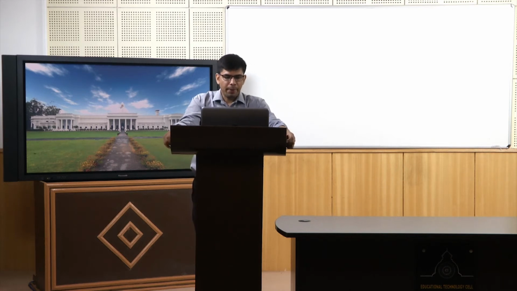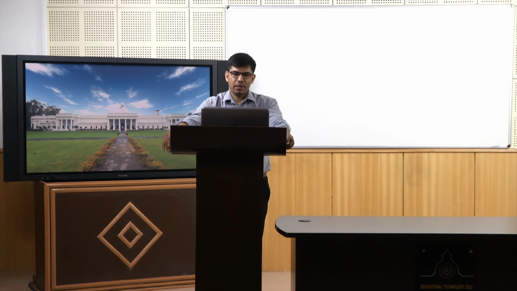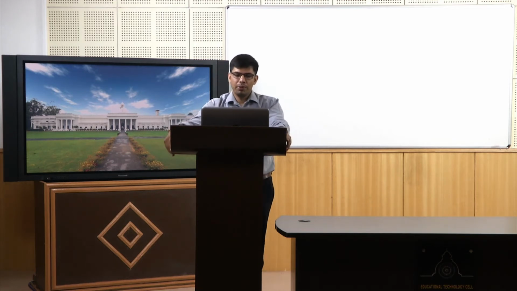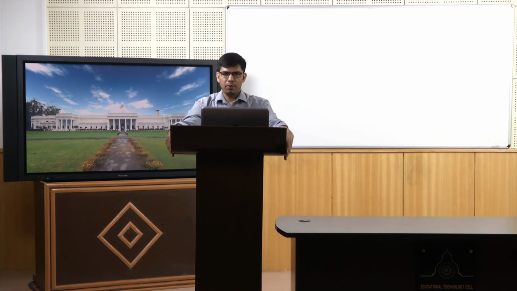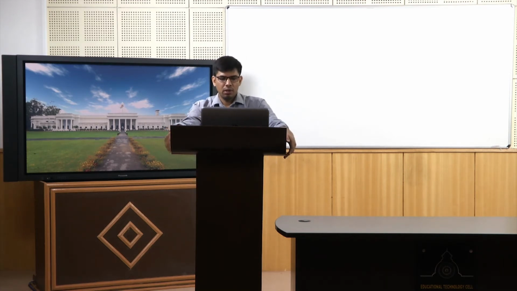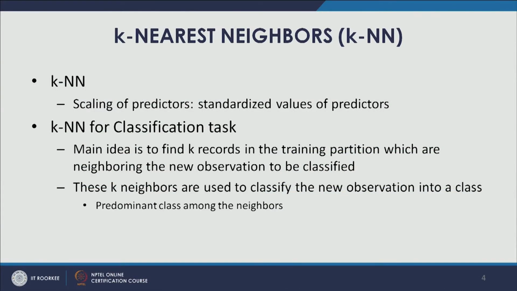So how do we apply KNN in a classification task? The main idea is to find k records in the training partition. Here also we would be doing partitioning into training, validation and test partitions. The records belonging to the training partition are used to find k records which are neighboring the new observation to be classified.